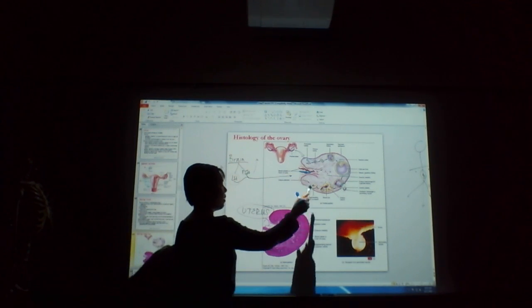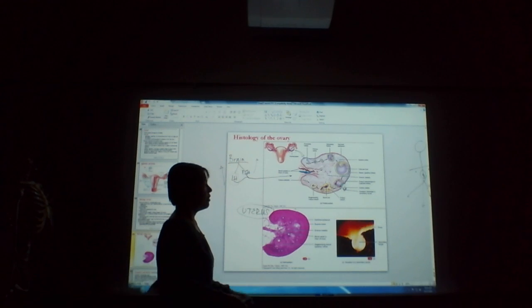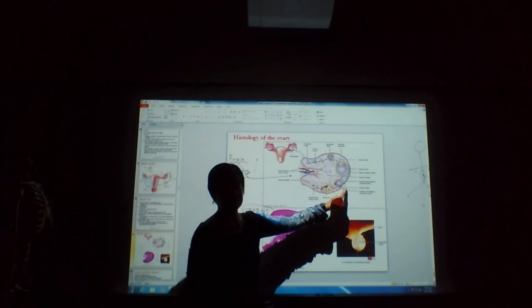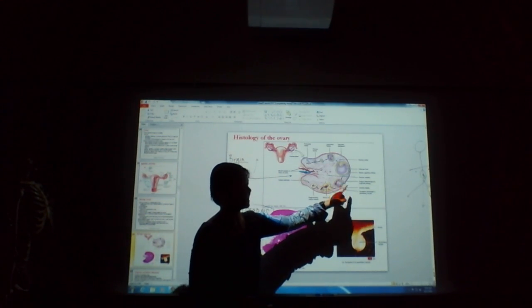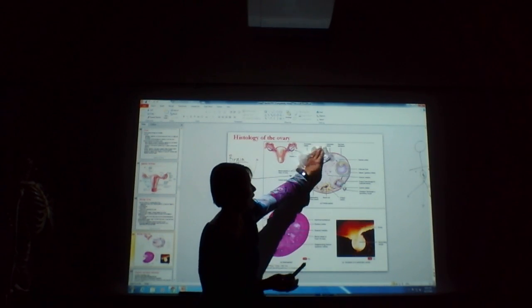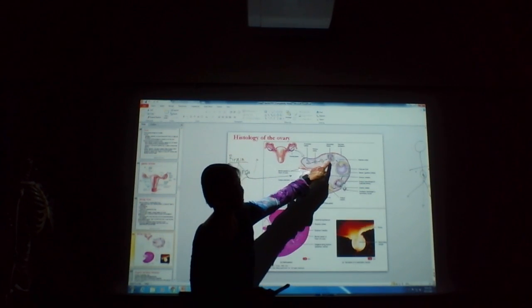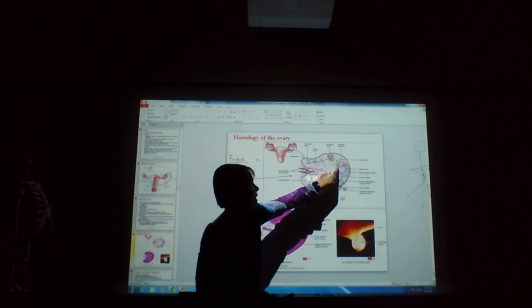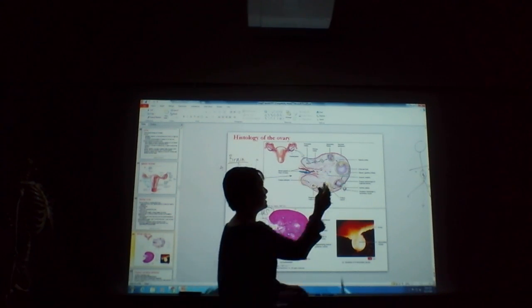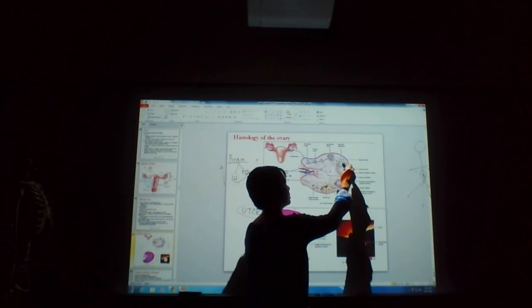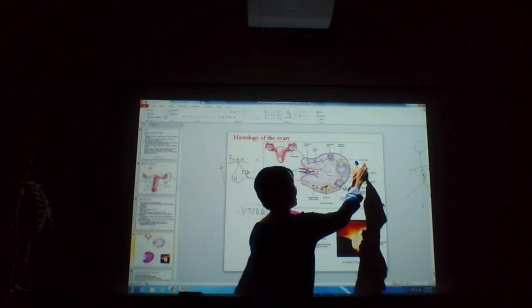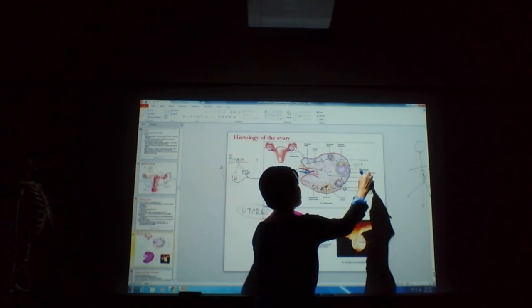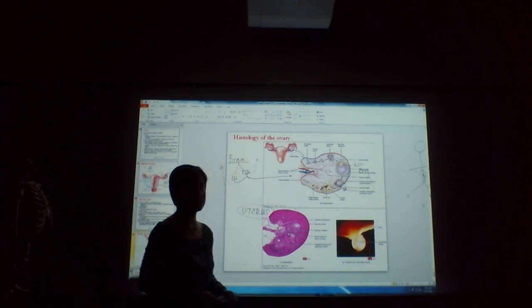So now, once you ovulate, the egg is just waiting, right, to be fertilized. Now look at this follicle. The job of the follicle cells, these yellow structures, is that they're the ones that secrete your estrogen and progesterone.